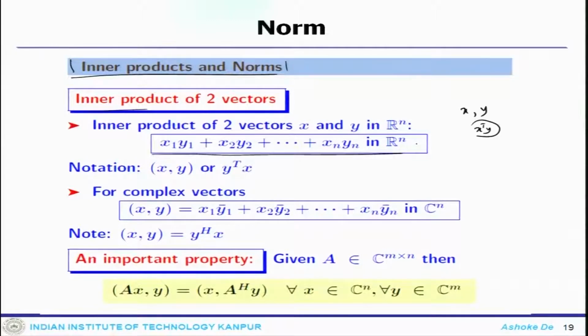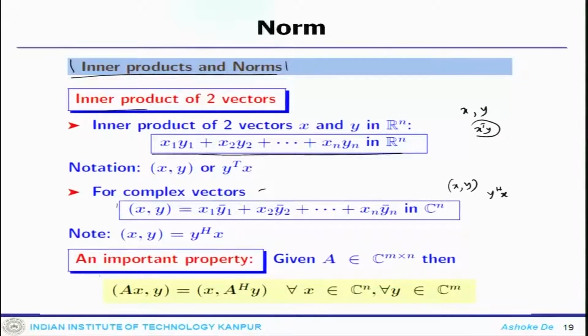For complex vectors, one can write y^H x, that is the inner product of x and y.